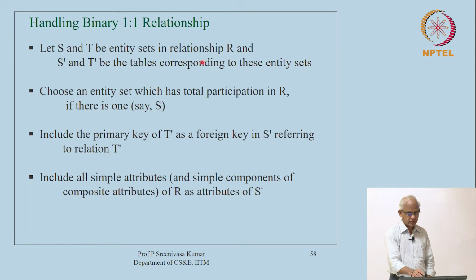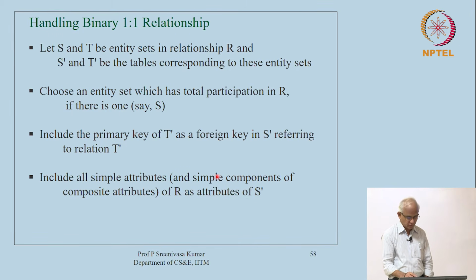And in case this relationship type itself has some attributes, then map all those simple attributes or simple components of those composite attributes as attributes of S prime.